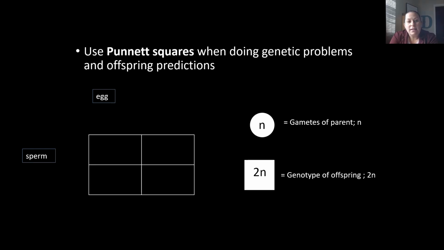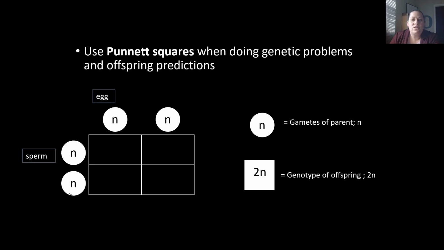Now, with these boxes, we're going to put the alleles that were created in the different egg and sperm from the parents on the top and side of the square. And so this is where those gametes are going to come into play. So we place those letters based on what could have been available based on those genetics.